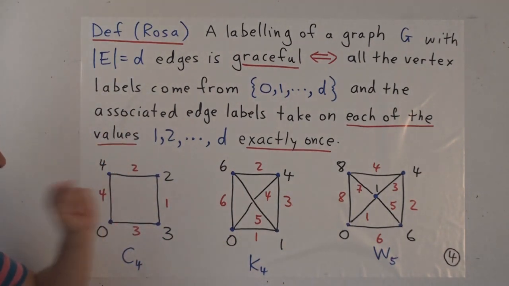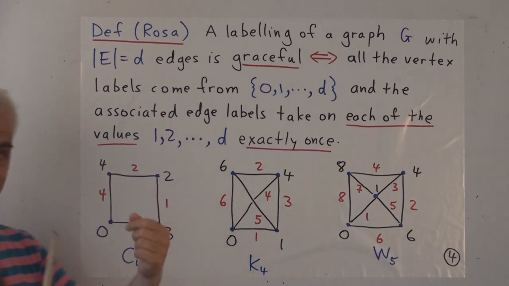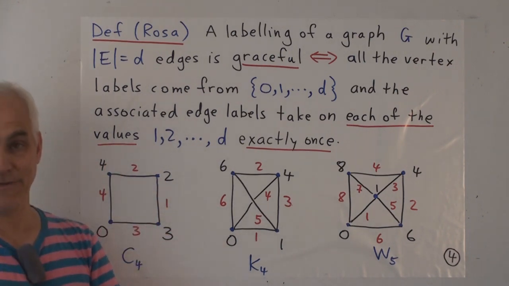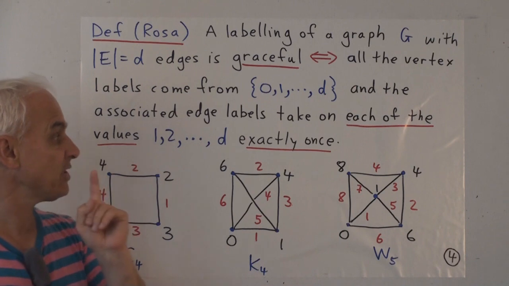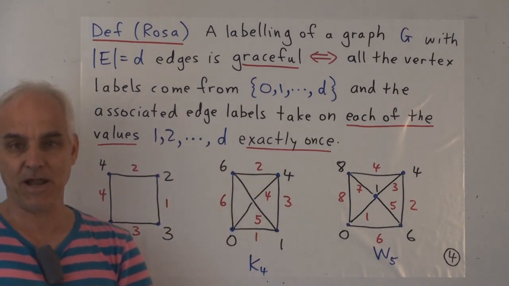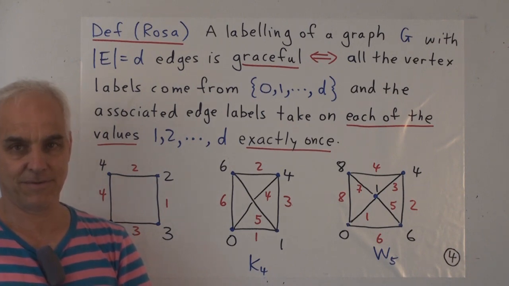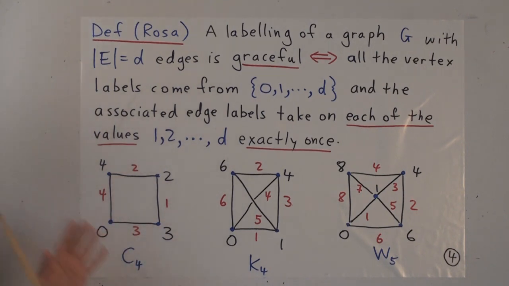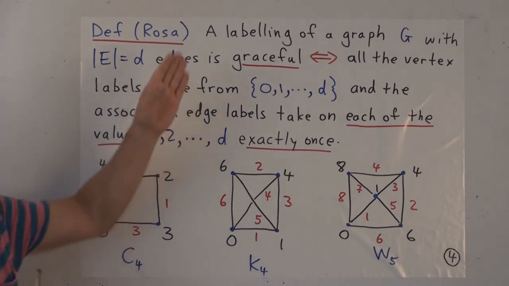But we want that in addition to have the property that when we calculate the edge labels by taking differences, those differences all range from 1 to D, and we get every possible number in there as a difference. So if that's the case, then we call the labeling of the graph a graceful labeling.